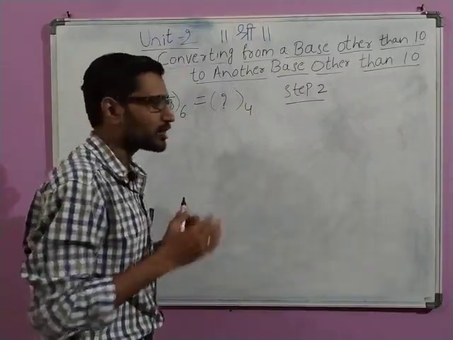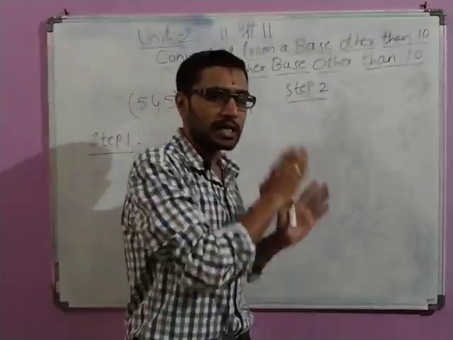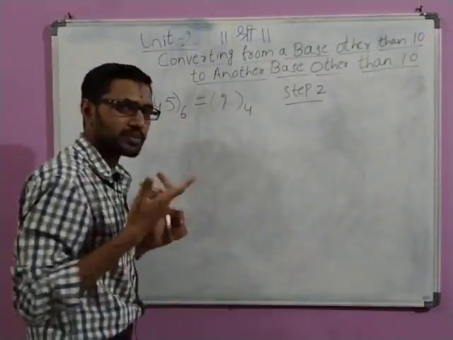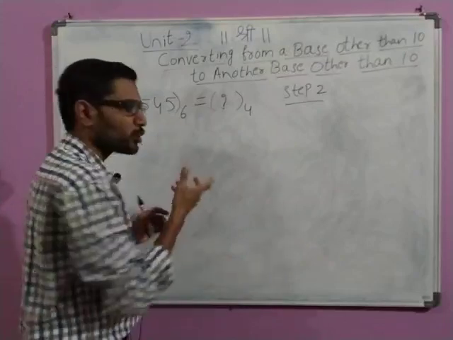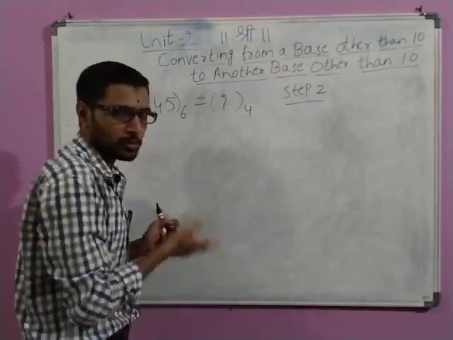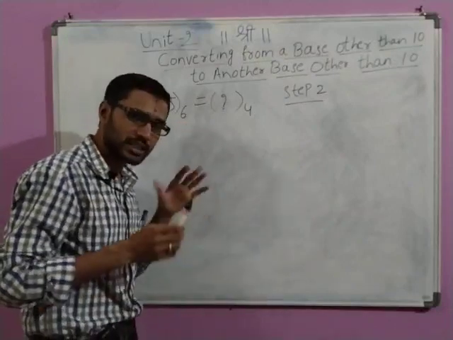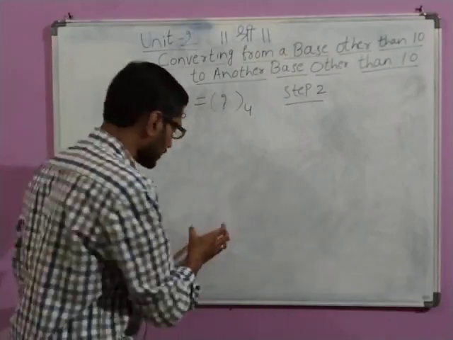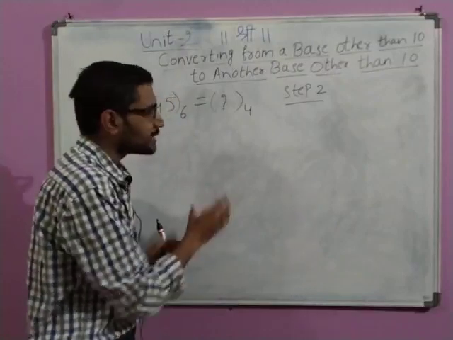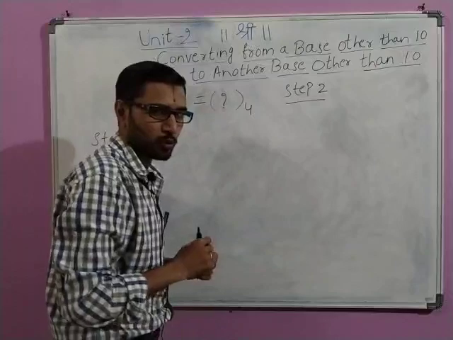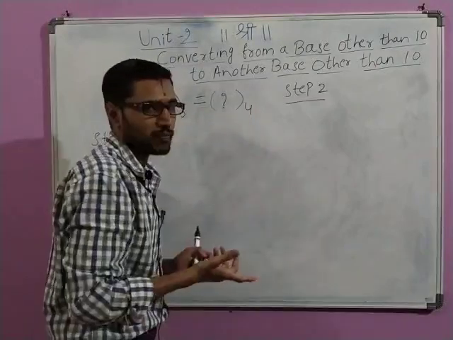Because we know that we can convert any number from another base to decimal. We already studied this. Base 6 to base 10 we can do, or base 5 to base 10, or binary to decimal also we can do. So from another base you first convert it to decimal base, and whatever result you get in decimal, we take that and convert it into base 4 or the respective required base.